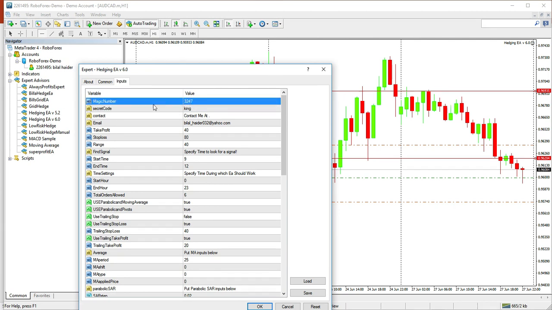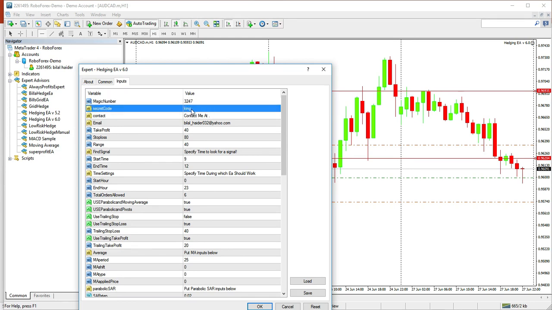If you are using magic number 3247 with your previous chart, you will use a different magic number with this new chart. You can use number 1, or any number of your choice.